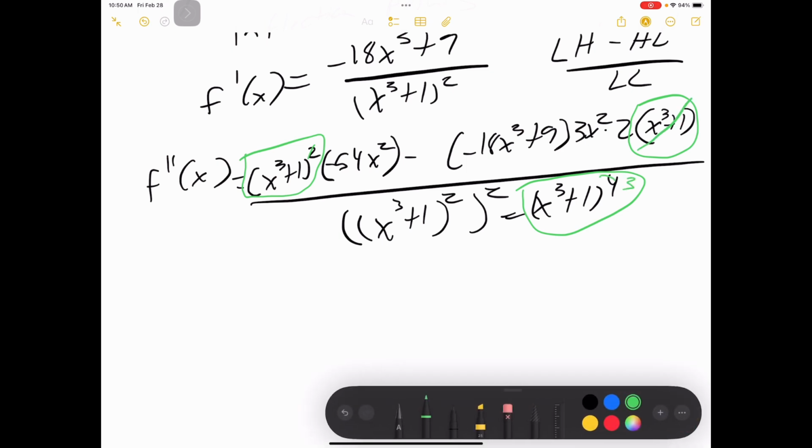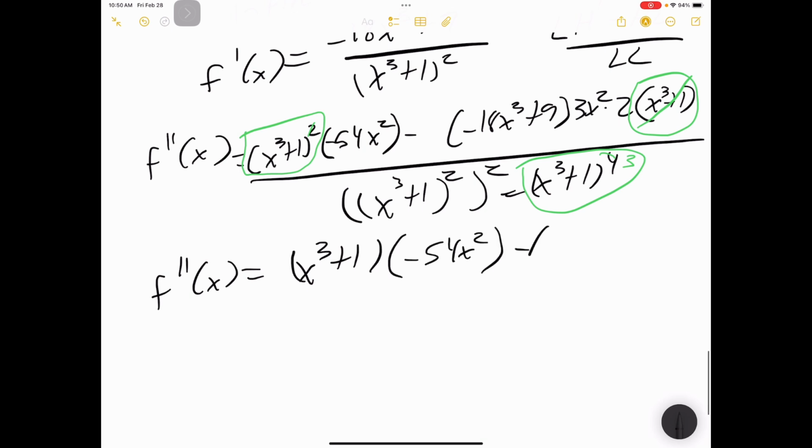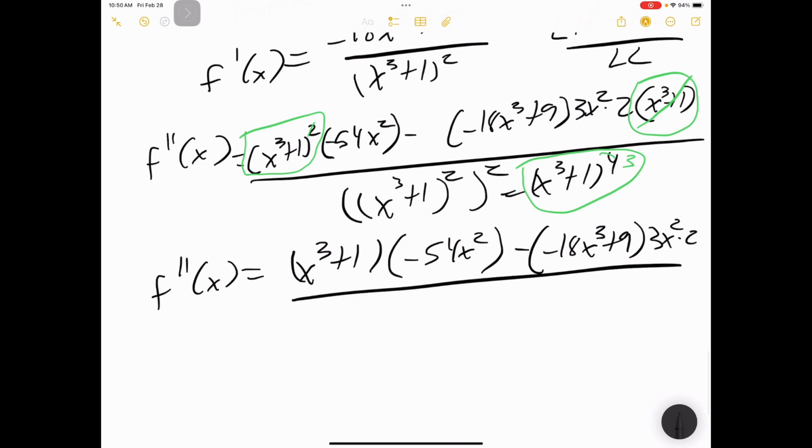And so we are already a little bit simpler, which is f double prime of x is equal to x cubed plus 1 times negative 54x squared minus negative 18x cubed plus 9 times 3x squared times 2 all over x cubed plus 1 cubed.